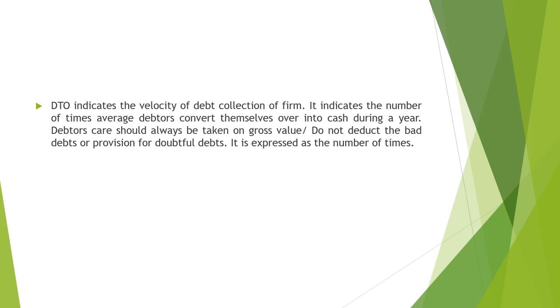Debtors should always be taken at gross value. Do not deduct the bad debt or provision for doubtful debt. It is expressed as the number of times. Now, sometimes it may happen that you may not receive your money. Suppose one person has taken goods from you on credit, but he went bankrupt.